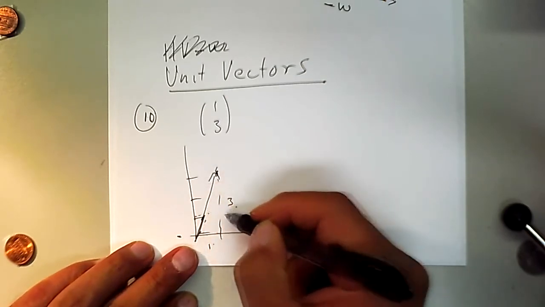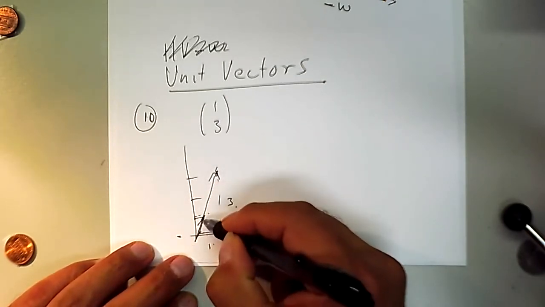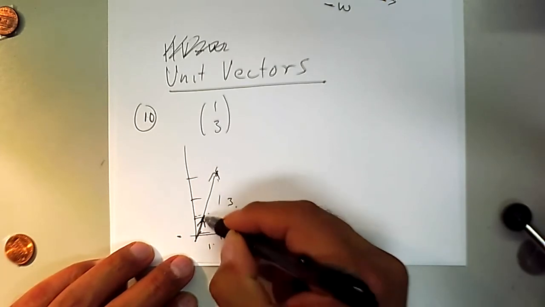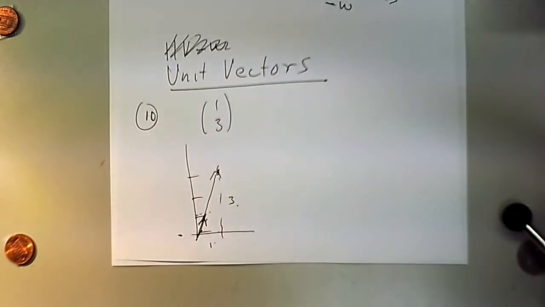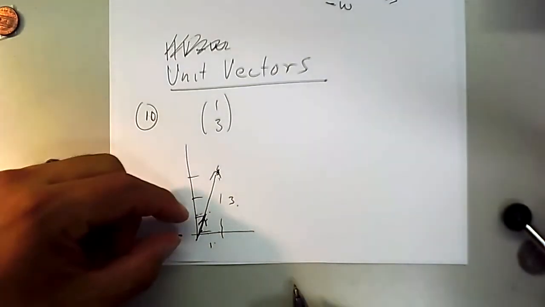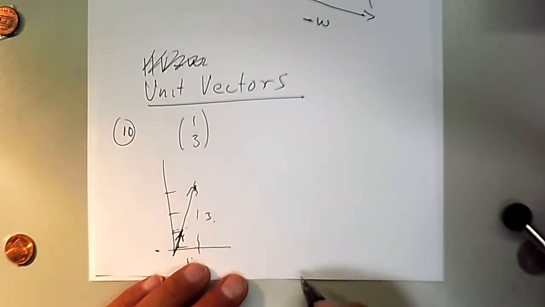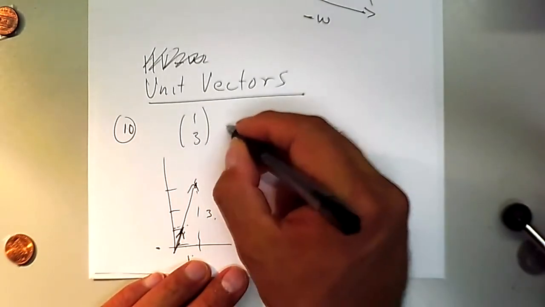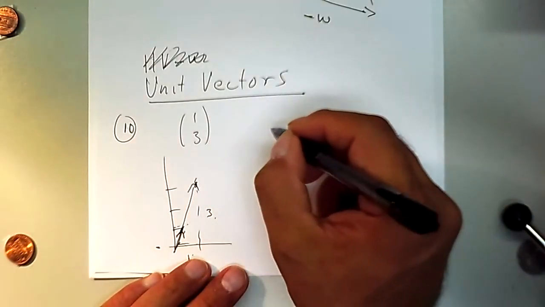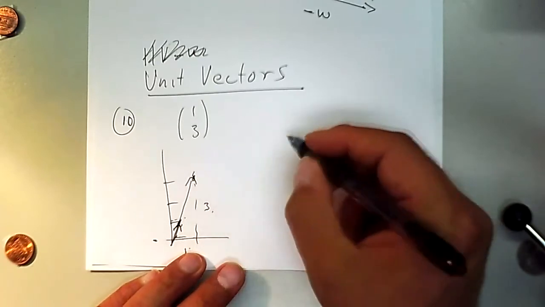How do we obtain the vector exactly in the same direction, but shorter? How short? Well, it is 1 unit long. What we have to do is simply divide by, or multiply by the reciprocal of, the length.